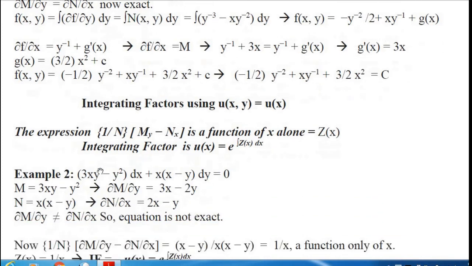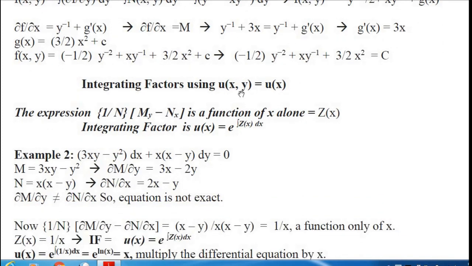Now the second case, integrating factor using u of x comma y equal to u of x, a function of x alone. Again I am saying that u of x may be a constant. If u of x is a constant, then also we can consider it as a function of x. So remember this idea.